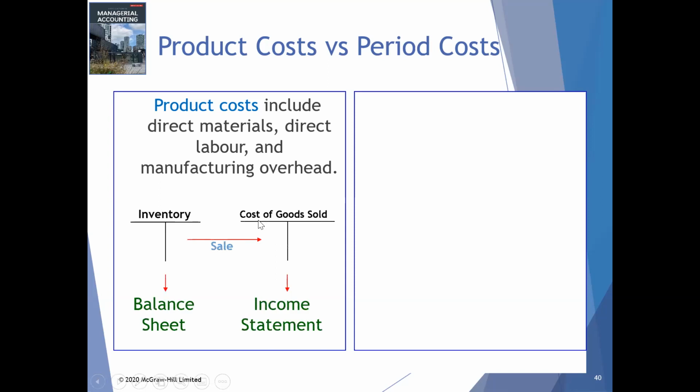If we talk about the inventory, the inventory and the second one, the cost of goods sold, these are the two costs. Inventory that is manufactured, and the rest of the inventory, will come in the balance sheet.